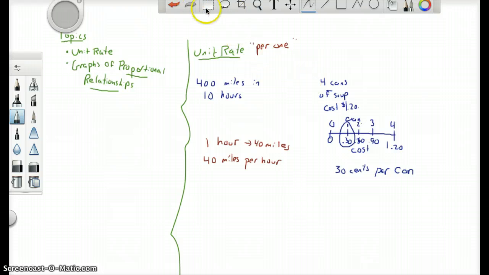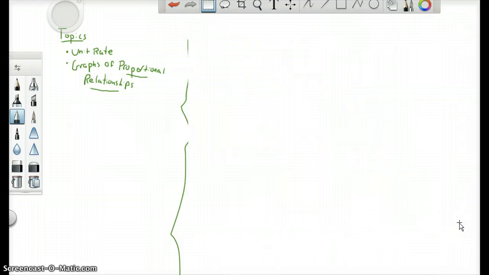Okay, so I'm going to clear out some of this, and then we're going to look at our next topic. So the next topic is over here, our graphs of proportional relationships. So let's go back to that. So our car, let me change my mark here.